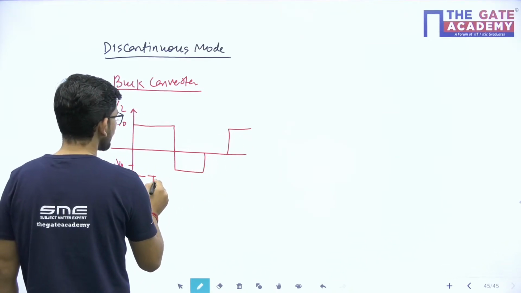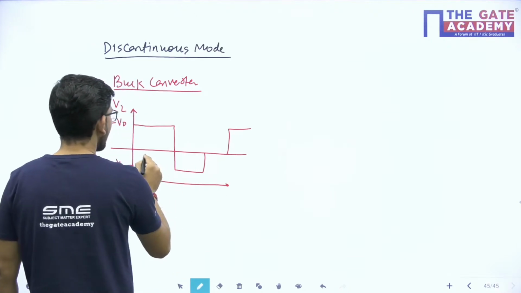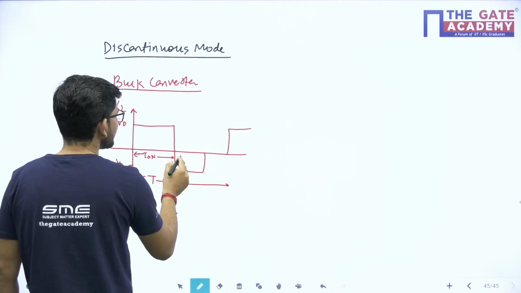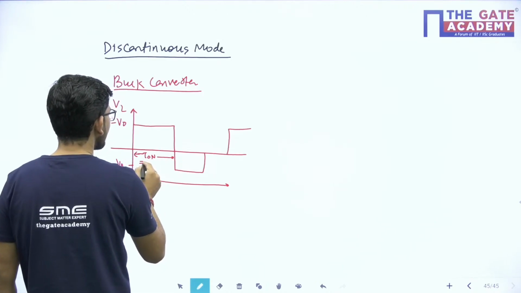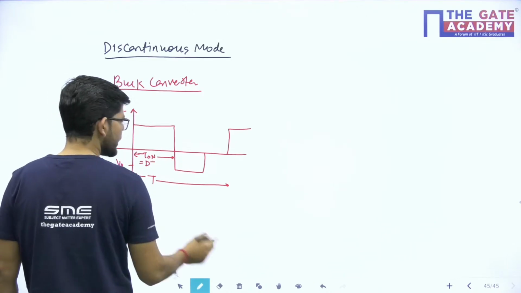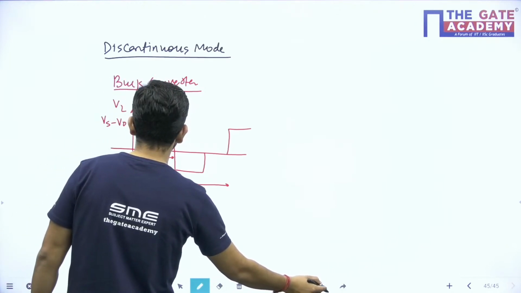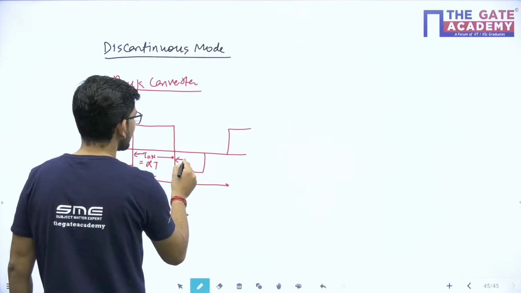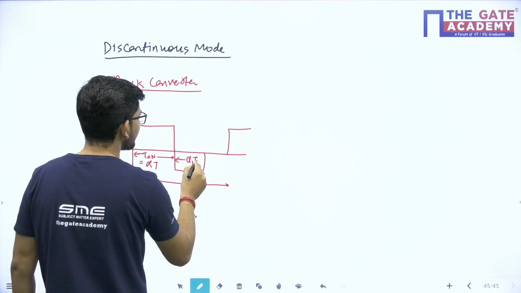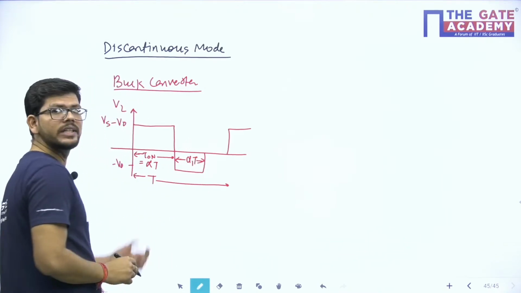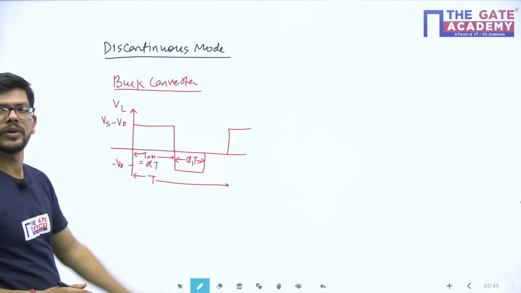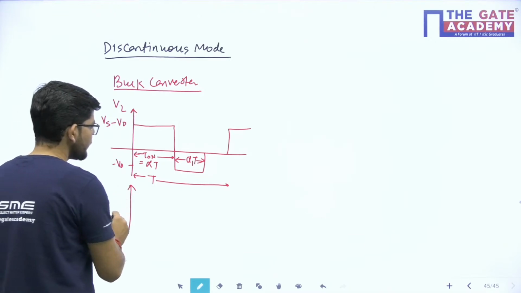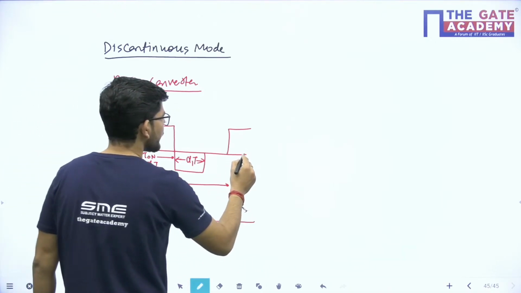So this is the total time that we have, and this is the on time, but the off time is a little reduced. This on time is alpha T, and let me call this time alpha 1 T. Yes, so this is what I will get as VL average in discontinuous mode.